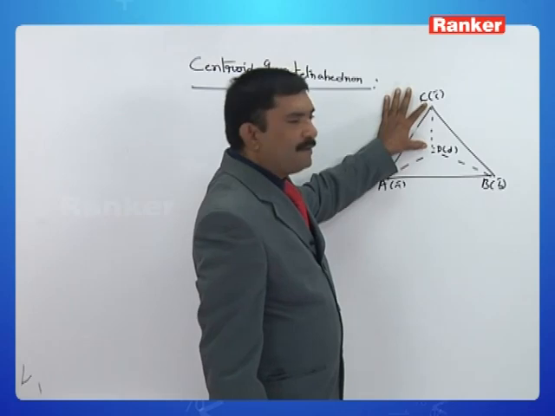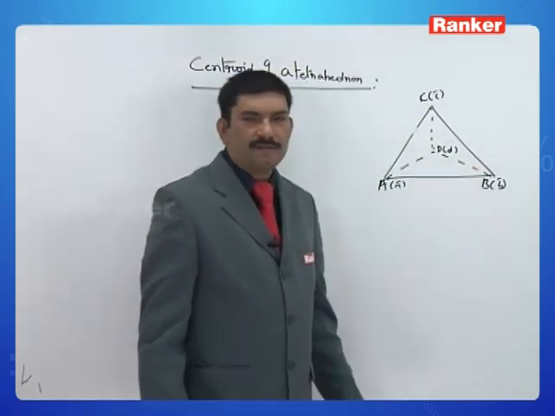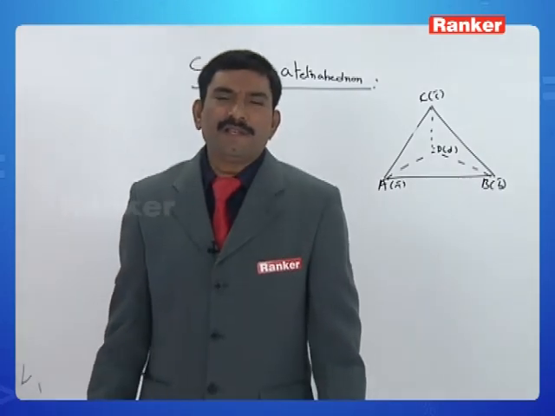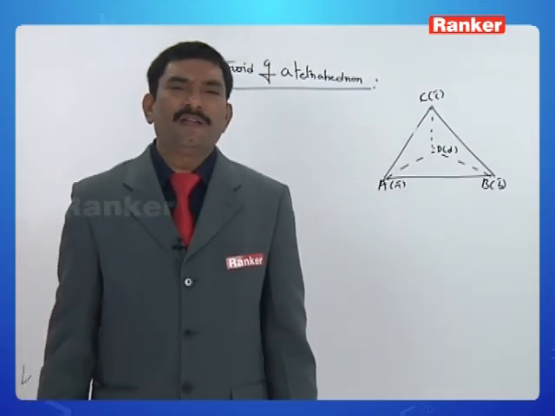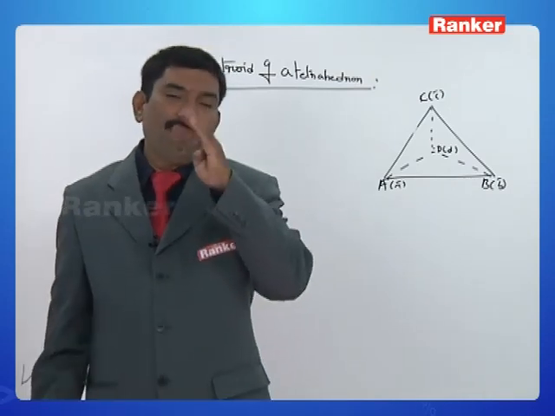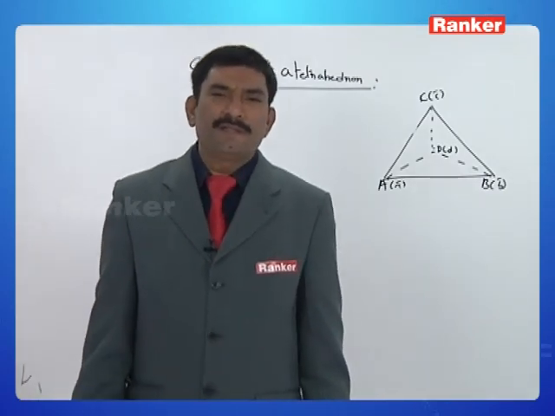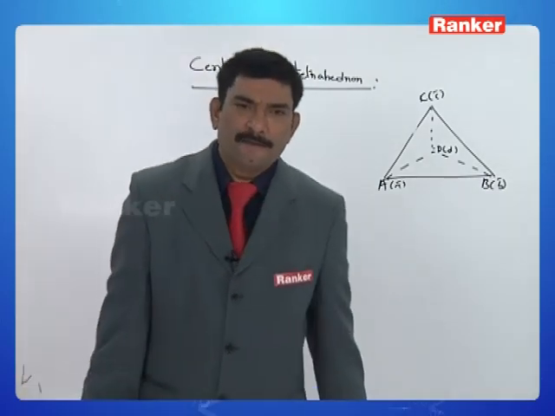Next, DC bar is another edge. Next, BD bar is another edge. It has 6 edges and 4 faces, and each face is a triangle.